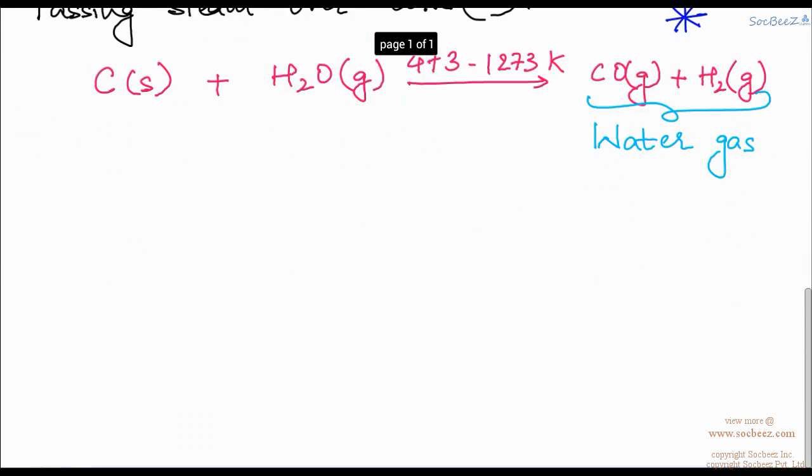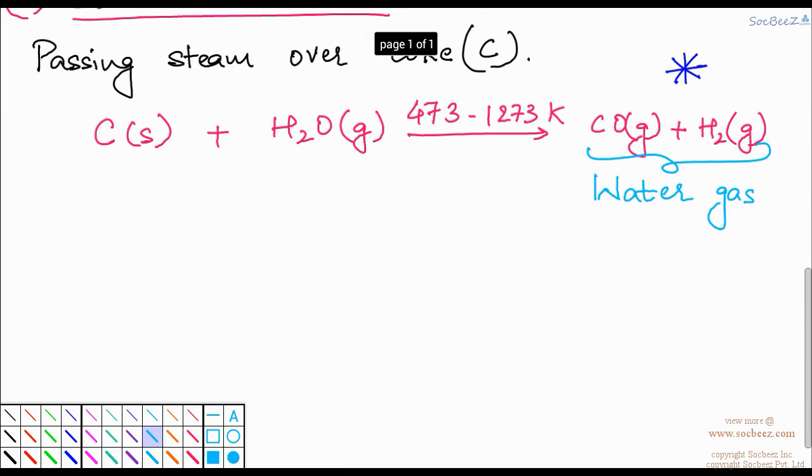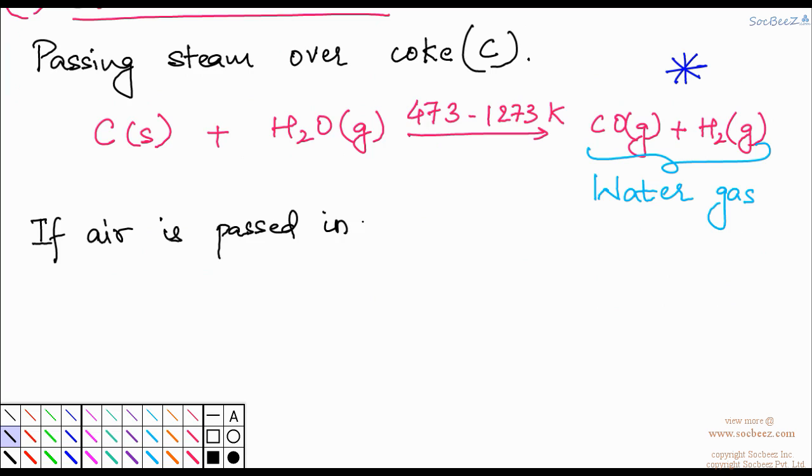Now another method is, if instead of passing steam, you pass air. Suppose that you pass air now. So what will happen? Carbon solid plus, now what does air contain?